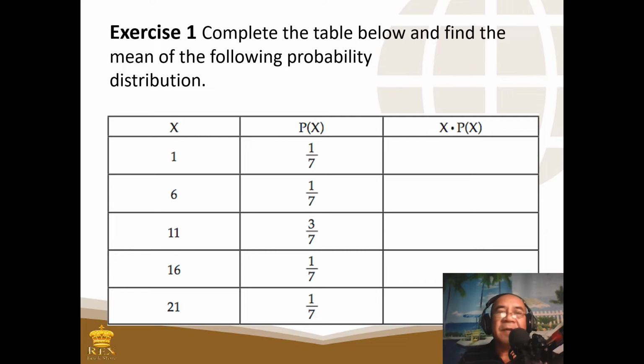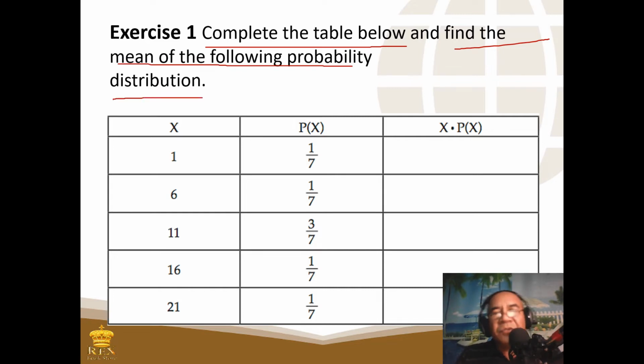Now let's have an exercise. Exercise number 1: complete the table below and find the mean of the following probability distribution. You have the variable x and the probability, and you're going to multiply the variable x times the probability.